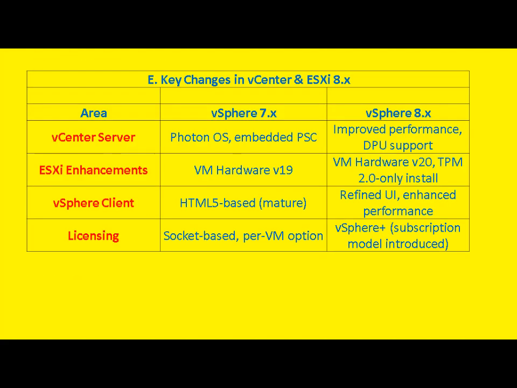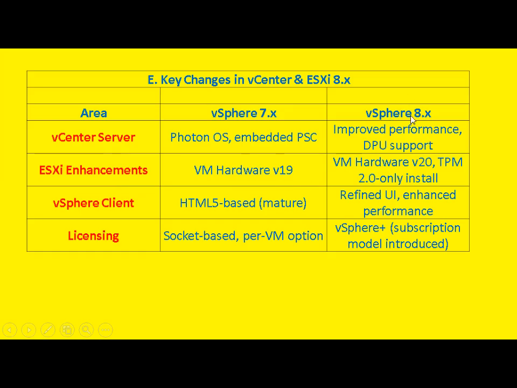So next are your key features in vCenter and ESXi. The vCenter server in version 7 was running on Photon OS with embedded PSC. In version 8, it is still running on Photon OS, but it has improved performance and DPU support. Then ESXi enhancements: in version 7, it has VM hardware version 19.